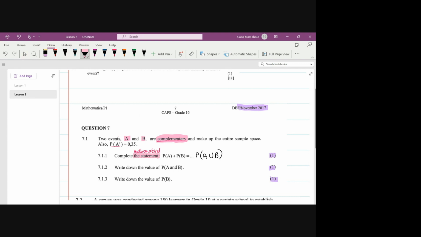Now it says, write down the value of the probability of A and B. Now, let's think about this. These two things are complementary. So when A is happening, B is not. And when B is happening, A is not. So what do we call those two events?